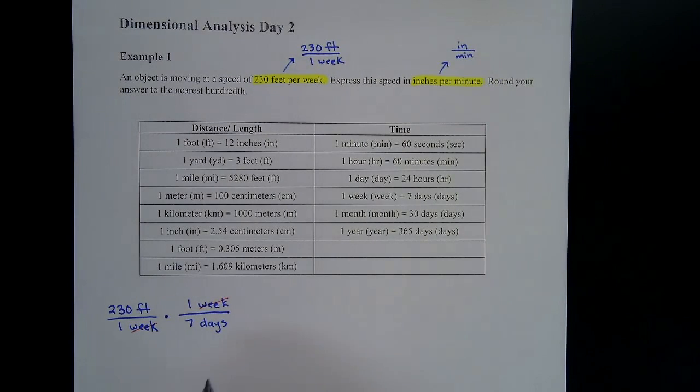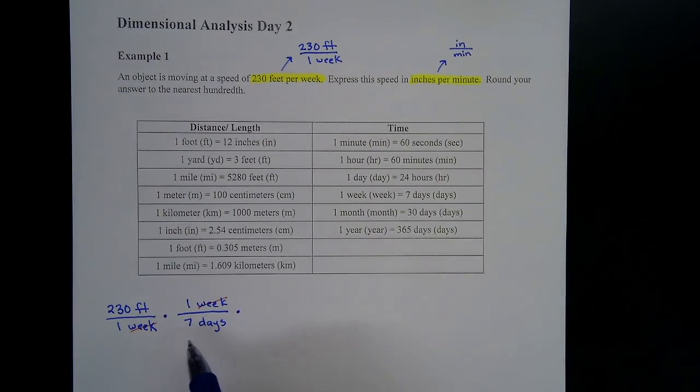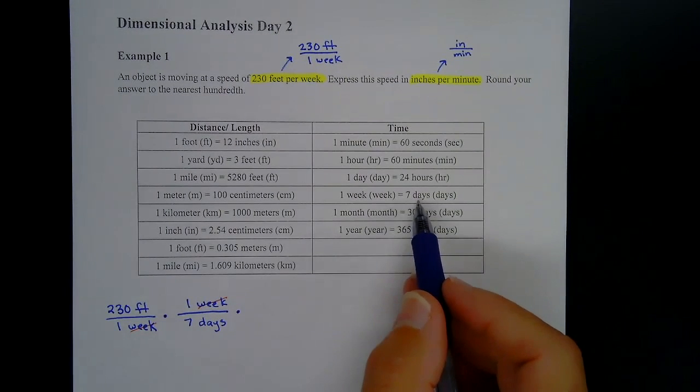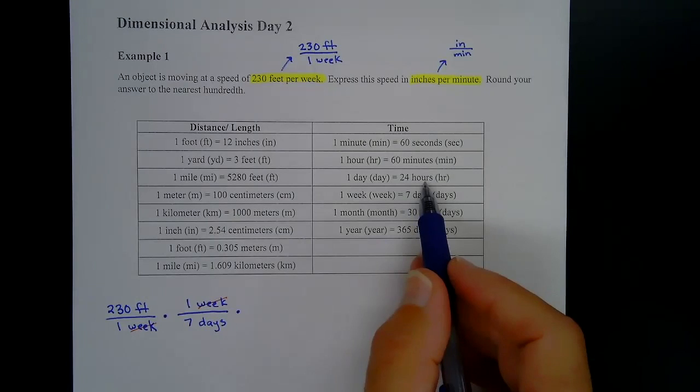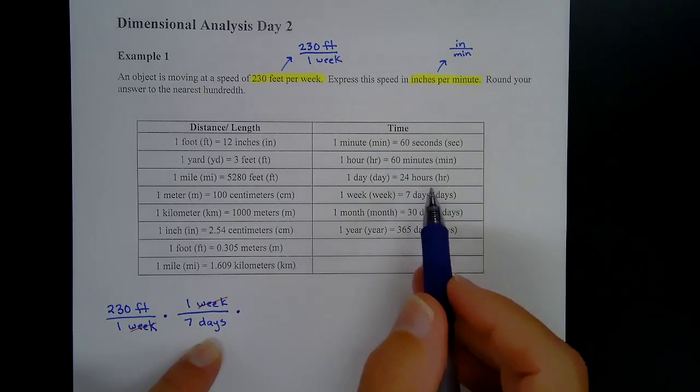Now I want to cancel days. I know 7 days is 1 week, but that would take me backwards to weeks, and I don't want that. How about 1 day is 24 hours? Yes. So I can get this to be hours instead of days.